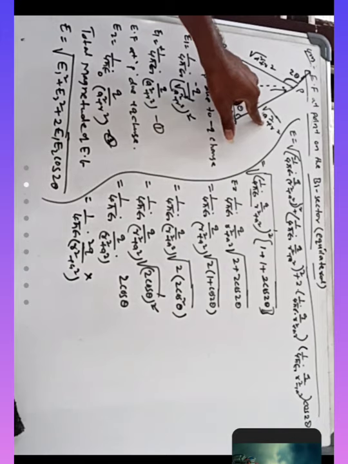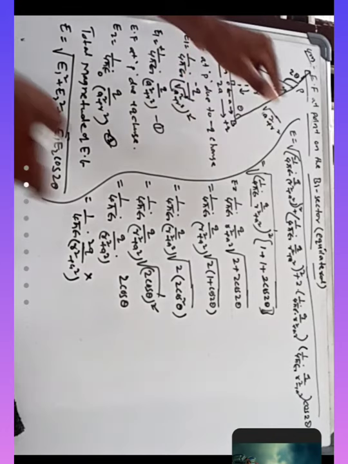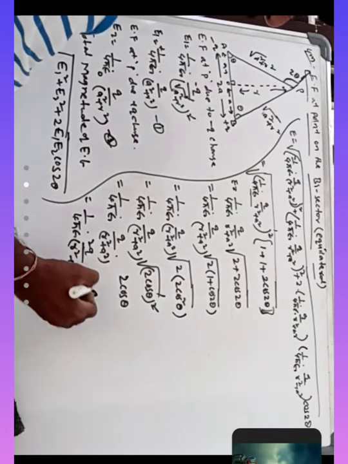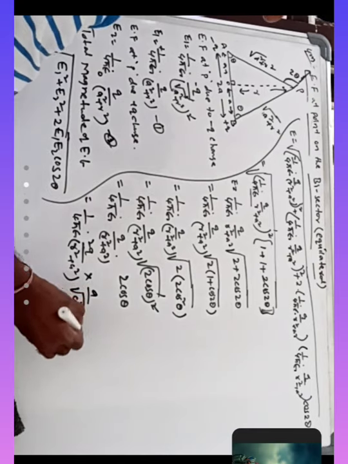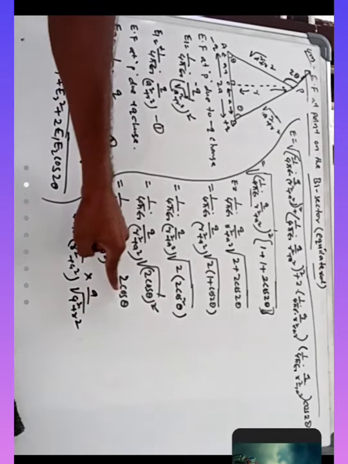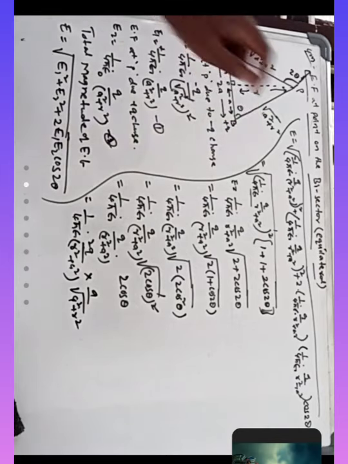Now what is cos theta? Adjacent side by hypotenuse. Cos theta is A by under root A square plus R square. Adjacent side is A, hypotenuse is under root A square plus R square.